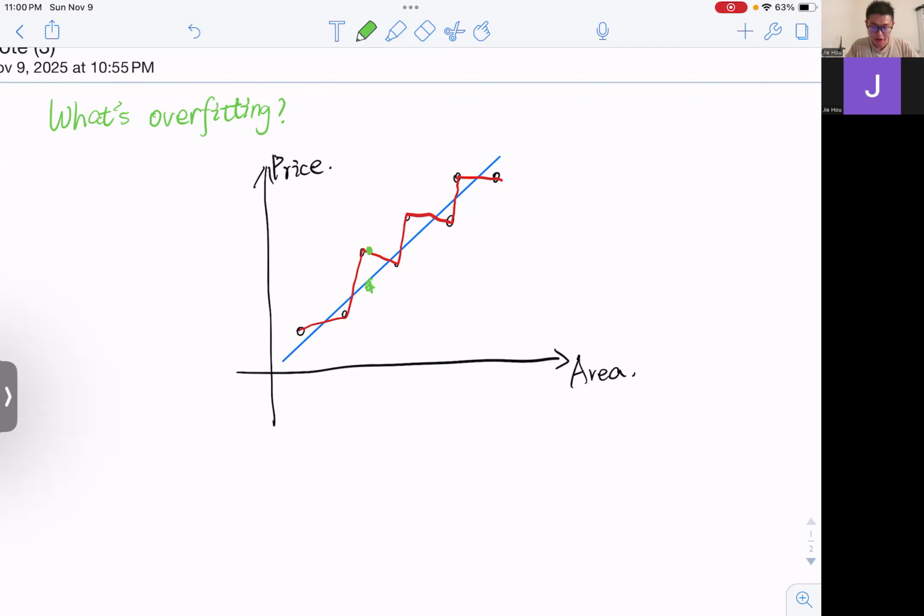It includes some noise. Model B basically memorized the data set, but it predicts very badly on the new data. That's what we call overfitting.